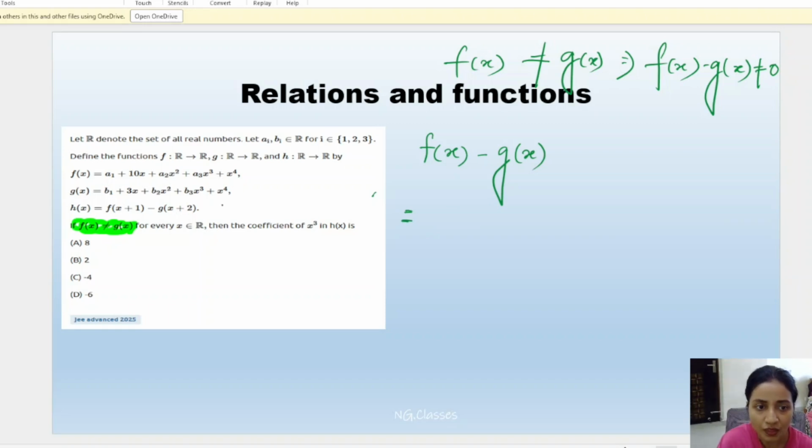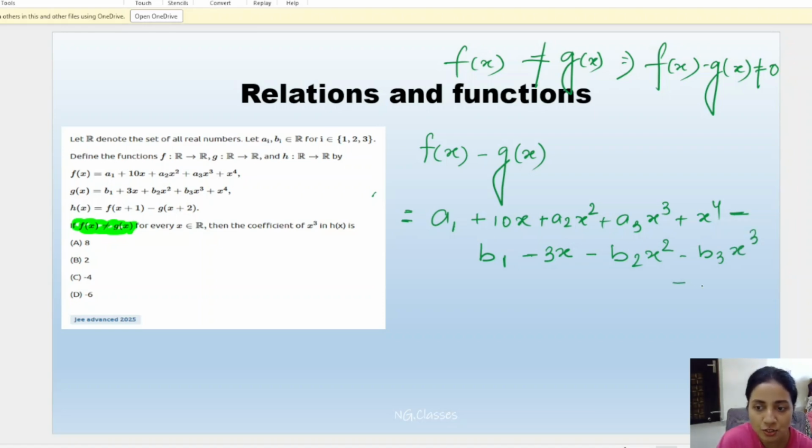So f(x) is a1 plus 10x plus a2x square plus a3x cube plus x to the power 4, minus g(x), that means minus b1 minus 3x, directly I am opening the bracket, minus b2x square minus b3x cube minus x to the power 4.